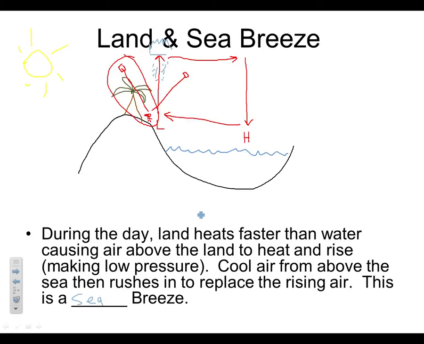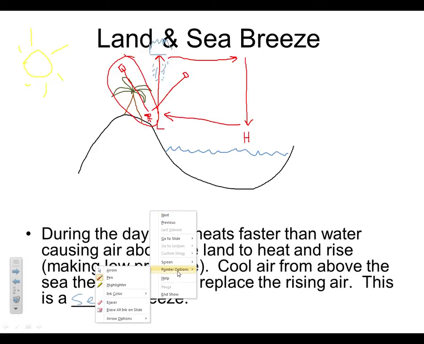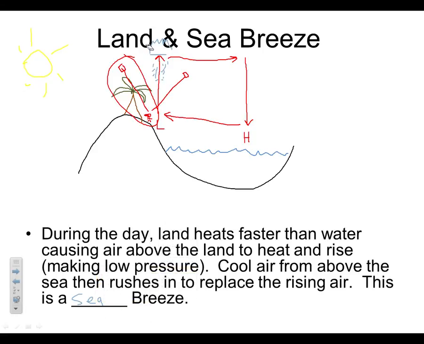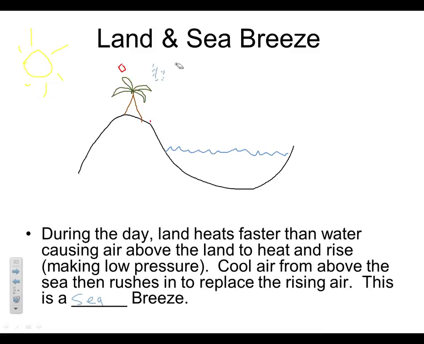For the land breeze, it's really pretty much the opposite, right? So I'm going to erase this stuff really quickly here. Just get rid of all this while you're writing down, maybe if you haven't paused it. I'm going to leave my palm tree there, but I'm going to get rid of my sun.